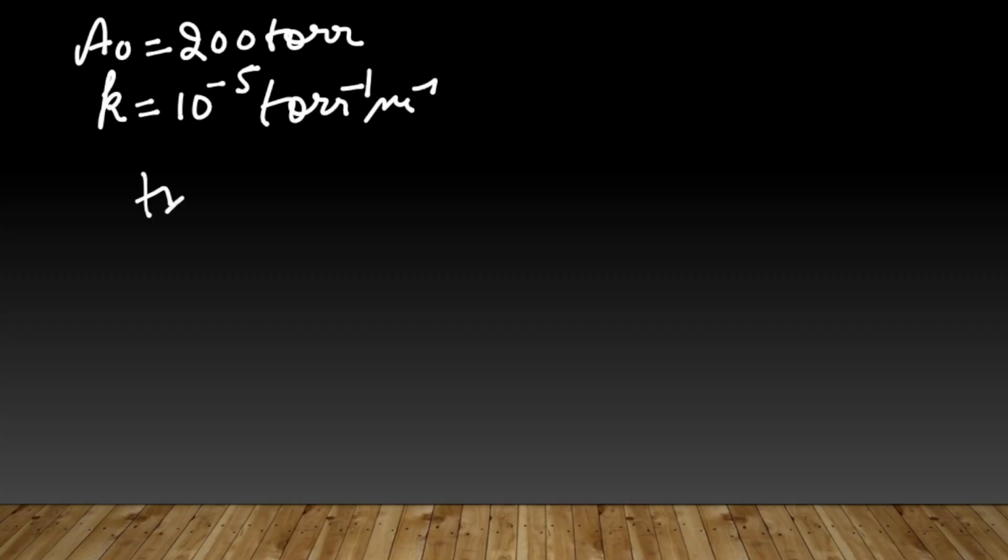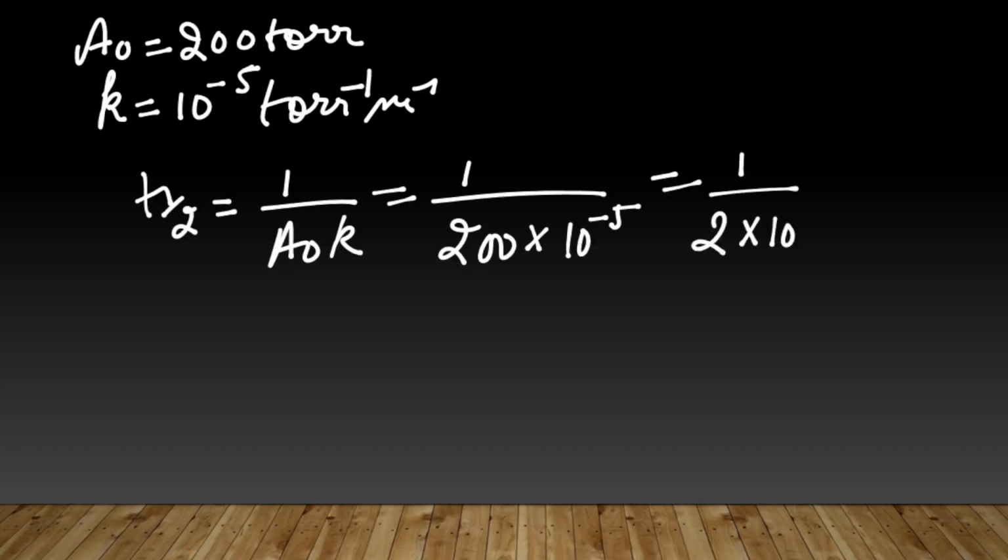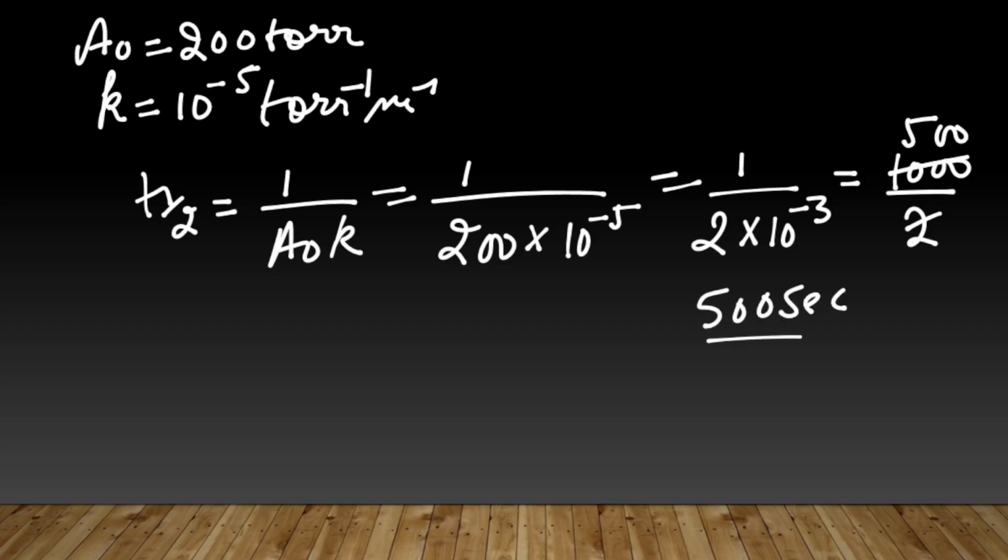So the T half value will be equal to 1 by A naught into K, which will be 1 by 200 into 10 raised to the power of minus 5. So this becomes 1 by 2 into 10 raised to the power of minus 3, so this becomes 1000 upon 2, which is 500. So the time will be 500 seconds.